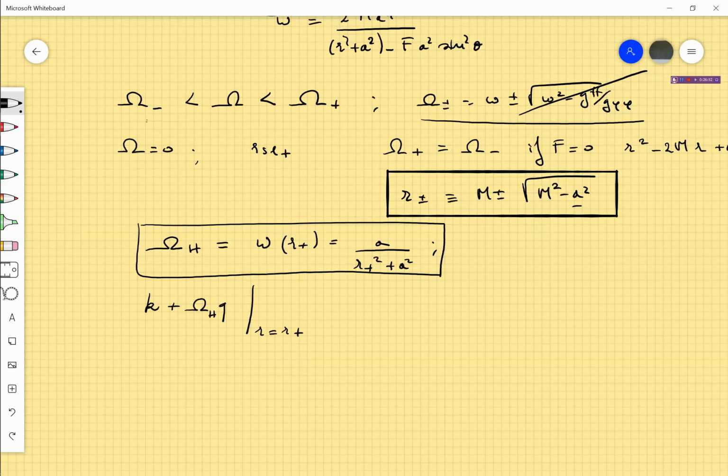And then, since this is a Killing vector, because it is a combination of a Killing vector and another Killing vector with a real number, and this is easy to show, this is the Killing vector such that its Killing horizon coincides with the event horizon, which is one of the properties that we said happen for stationary black holes.